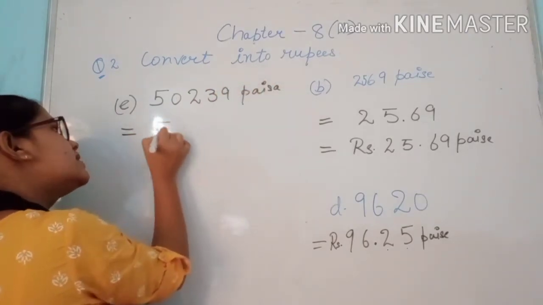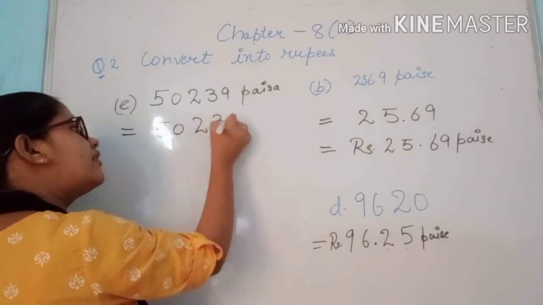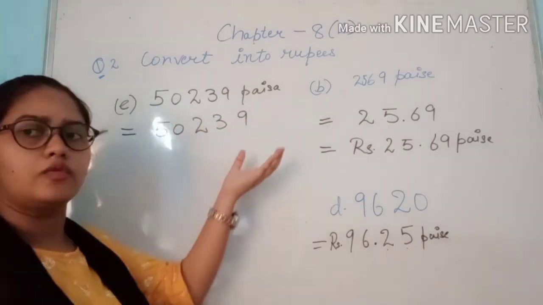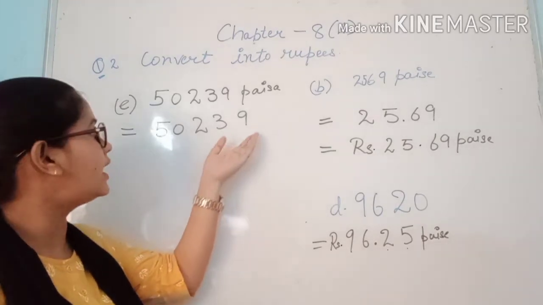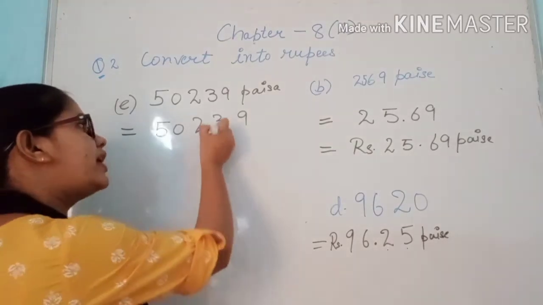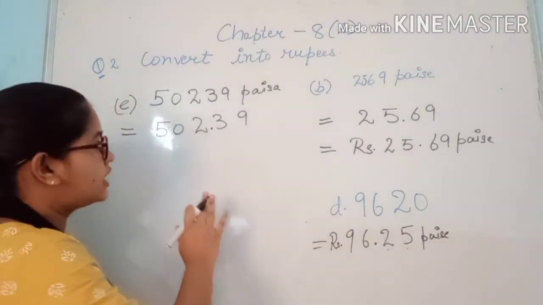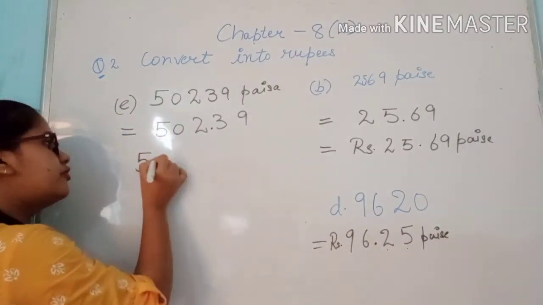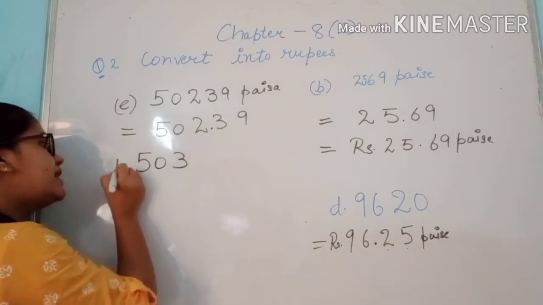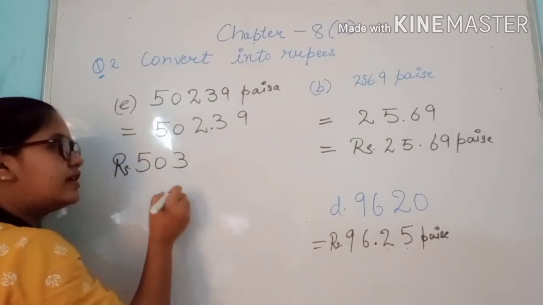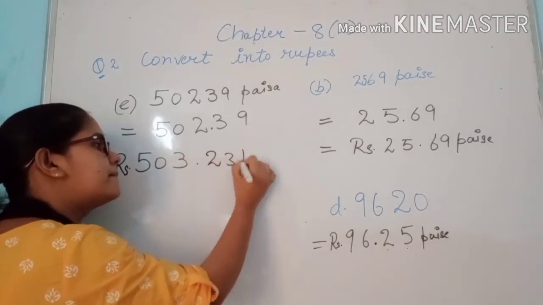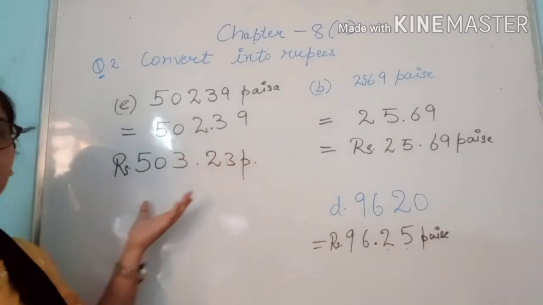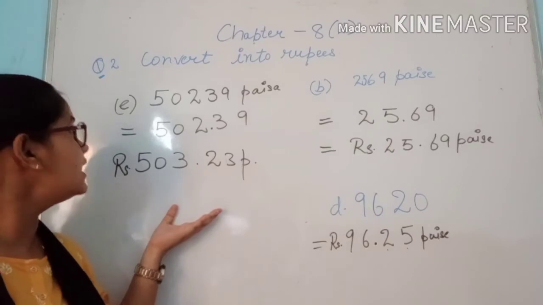You can see, again we have to apply the same rule. We will take two digits. We have to read from the 2 digits, 1, 2, and we will take a point here. Now we can read here rupees 503.23 paise. This one is our E answer.